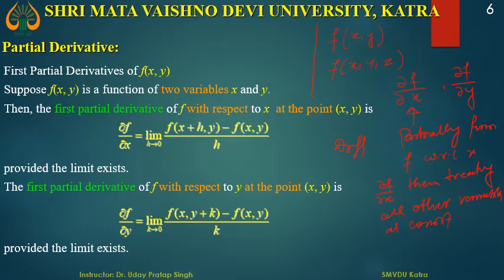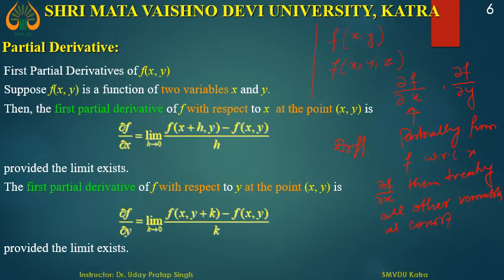Suppose f is function of two variables x and y, and we want to evaluate the partial derivative of f with respect to independent variable x, then we treat y as a constant.